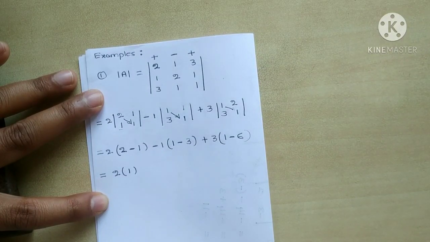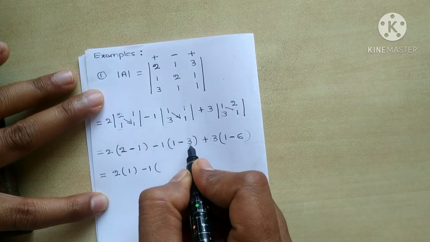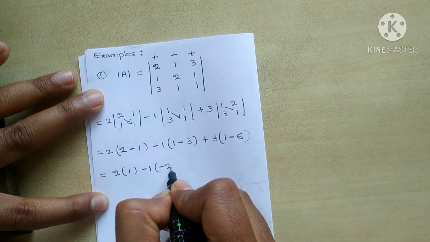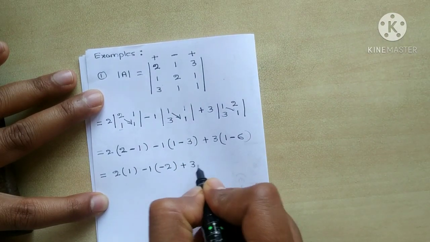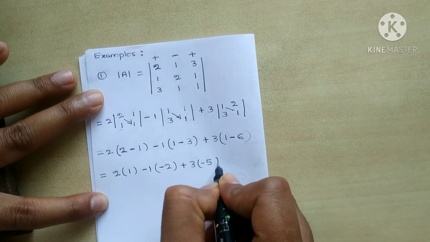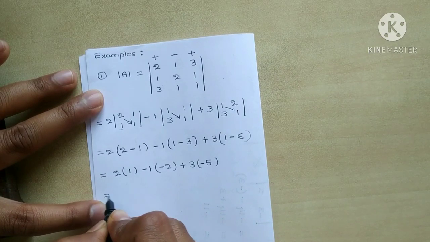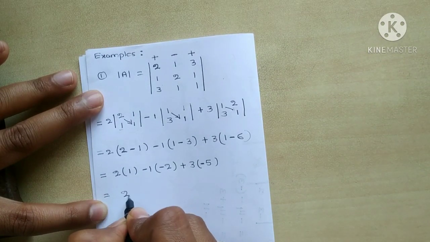1. Next minus 1 I am going to keep as it is. 1 minus 3 is equal to minus 2. Plus 3 I am going to keep as it is. 1 minus 6 is how much? Minus 5. Next multiplication, plus into plus is plus, 2 into 1 is 2.